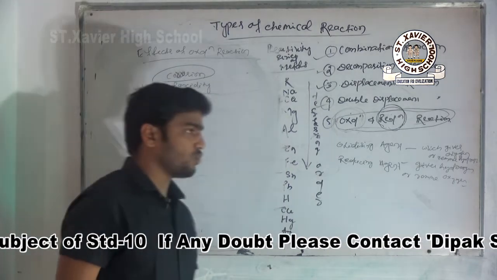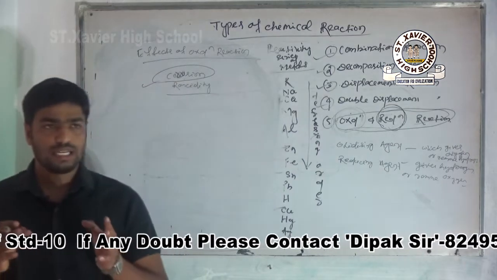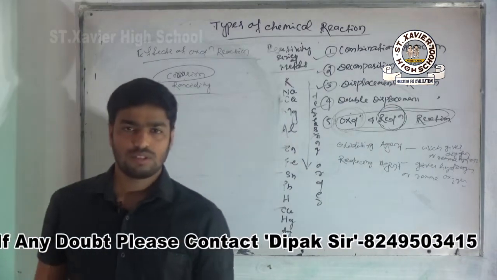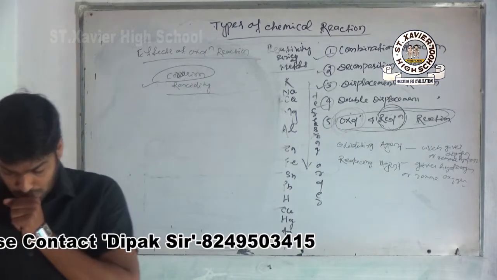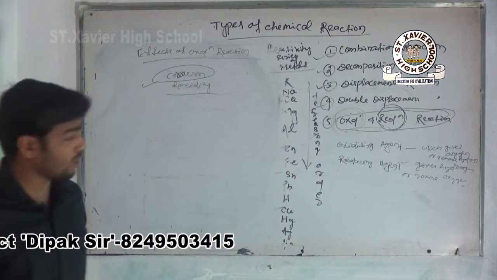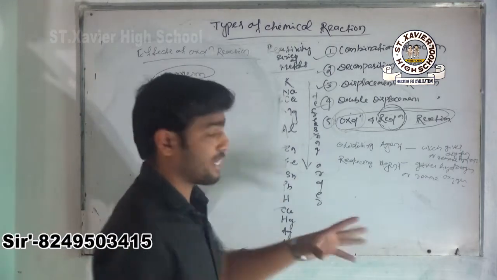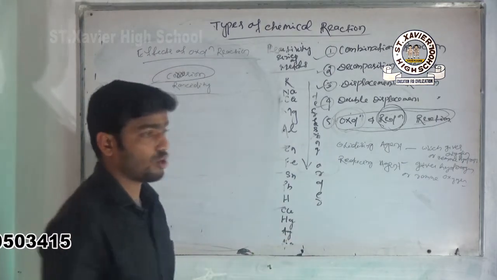The process in which metals are gradually eaten off is known as corrosion. Gradually eaten off means eaten off by some external factors, that means air or moisture.